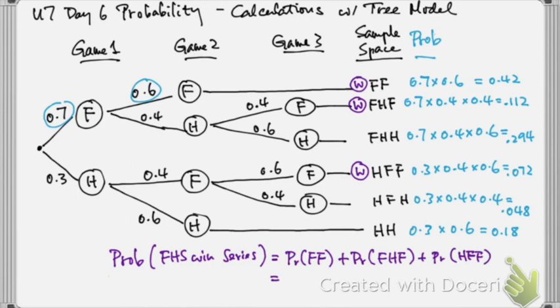And that's going to be equal to 0.42 plus 0.112 plus 0.072, which is equal to 0.604. So roughly 60% chance. So Fremont has a 60% chance of winning the series.